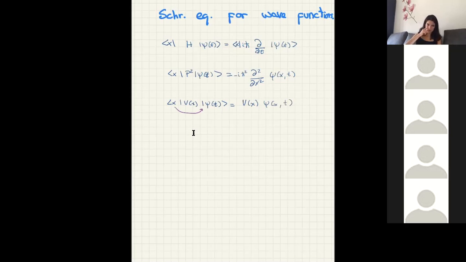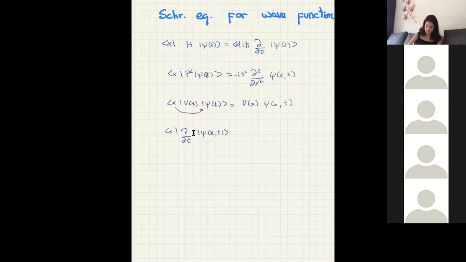Okay, and now we wanted the term on the right hand side. So what is x d dt of this wave function, or of this vector?